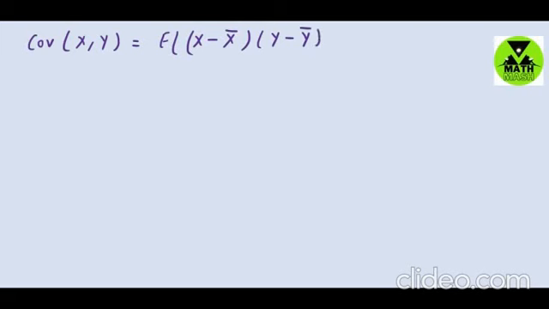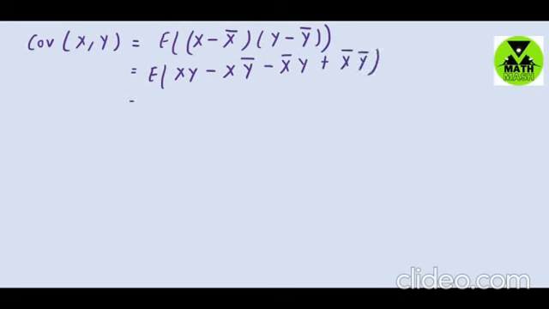So what is covariance? By the definition, covariance of x, y is nothing but expected value of (x minus x bar) into (y minus y bar). Now simply solve these brackets. So this is expected value of xy minus x y bar minus x bar y plus x bar y bar.